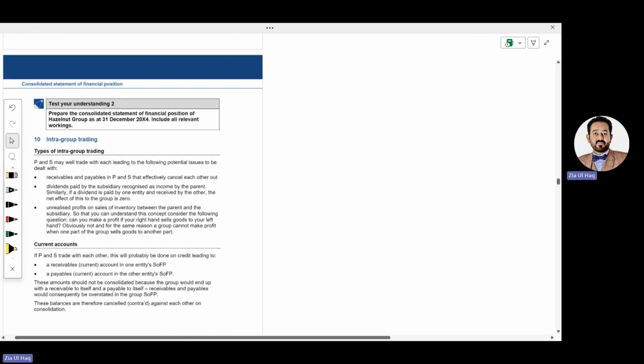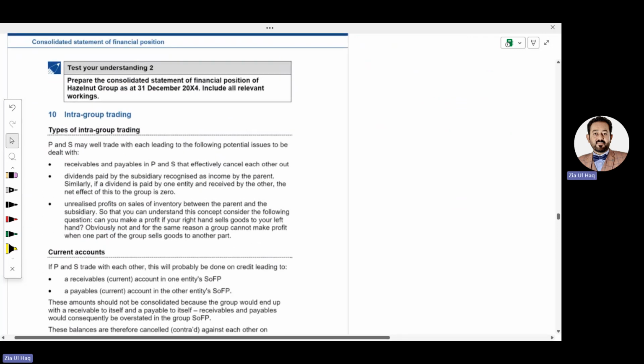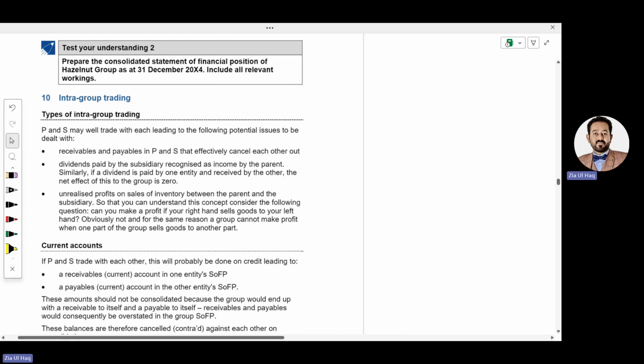Now we are moving towards another concept called intergroup trading. Intergroup trading, what is that?